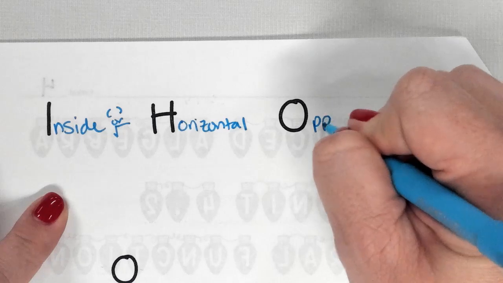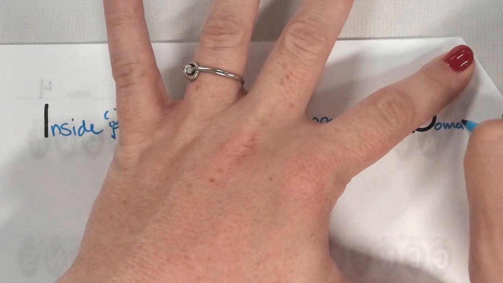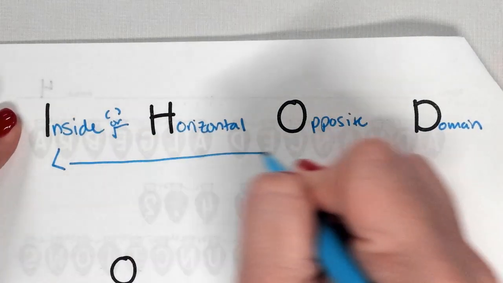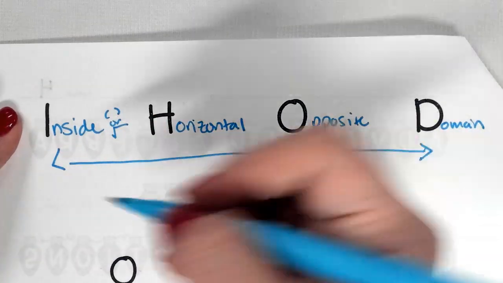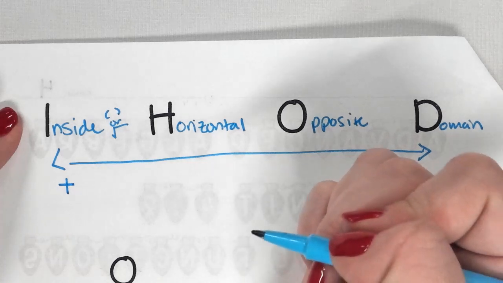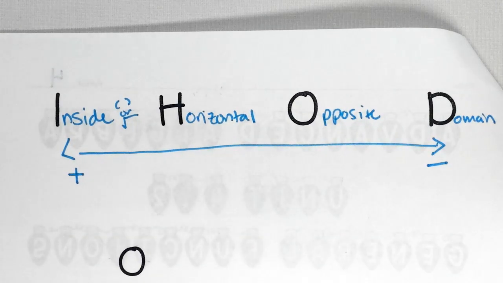It's opposite of what it looks like, and it affects your domain. So if it's inside, it's your left or right. Okay, and then it's opposite. So yes, to the left is your negative numbers, but in your equation, it's going to look positive. To the right, it's going to look negative. That's what it means by opposite.